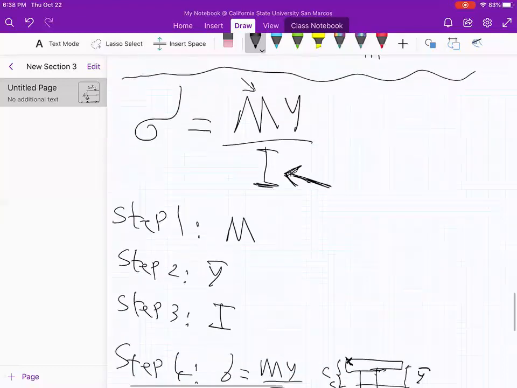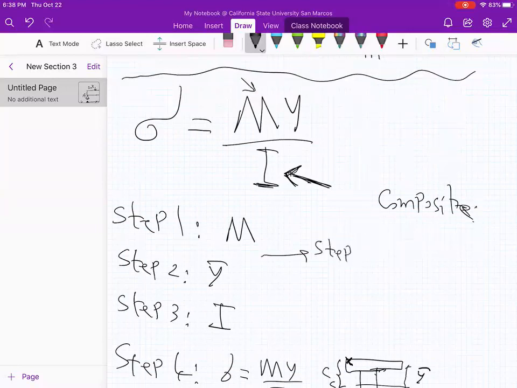If we have a composite section, we have one more step between step 1 and step 2. Let's write step, for example, 1.5, right?